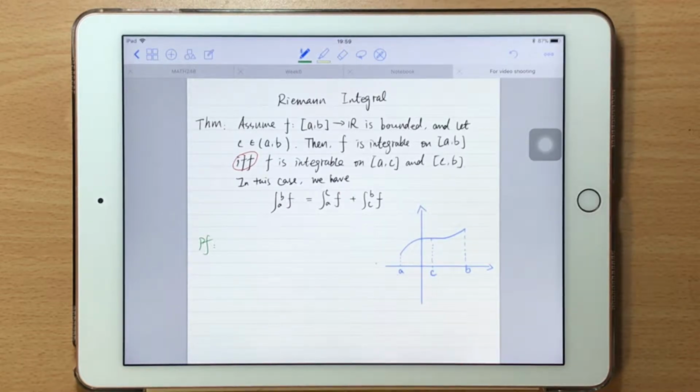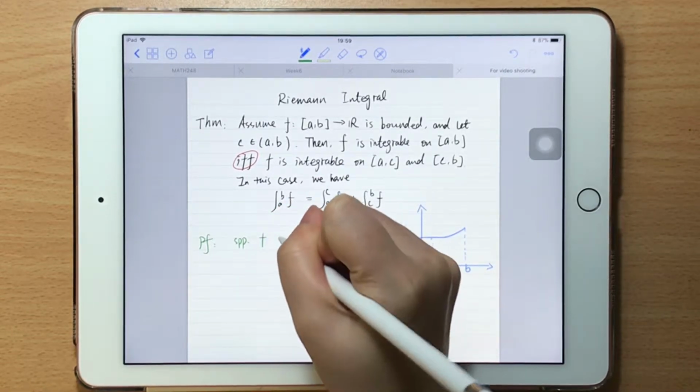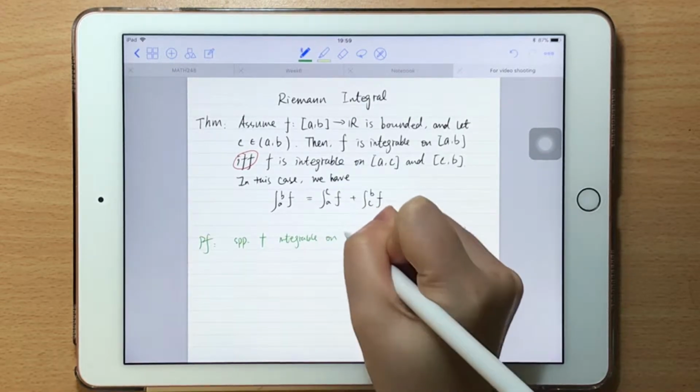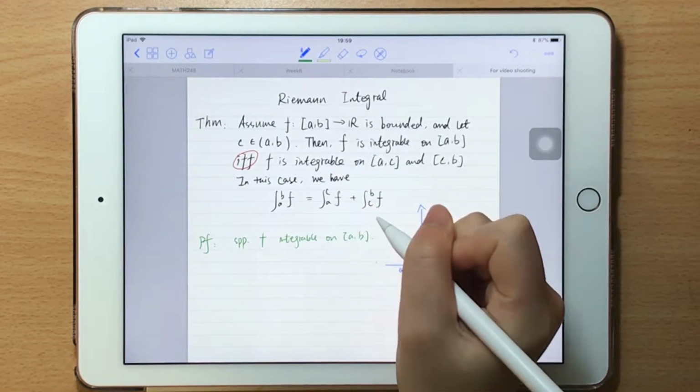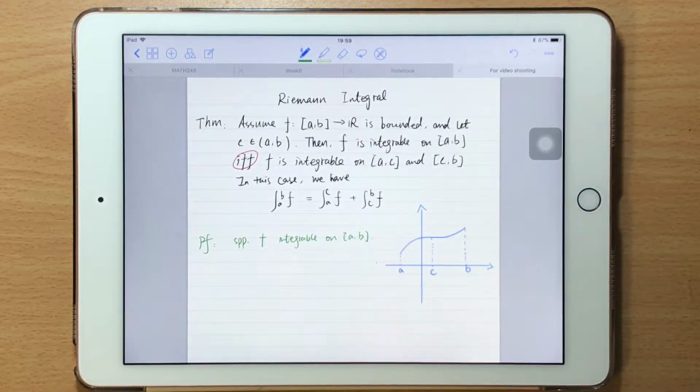First of all, suppose f is integrable on [a,b]. Then what information can we get from the integrability of f on [a,b]?